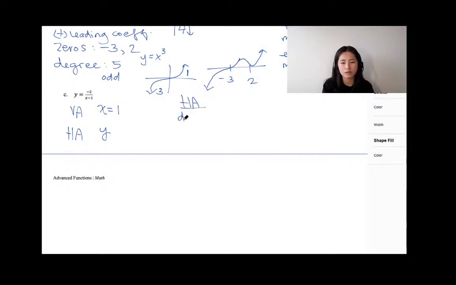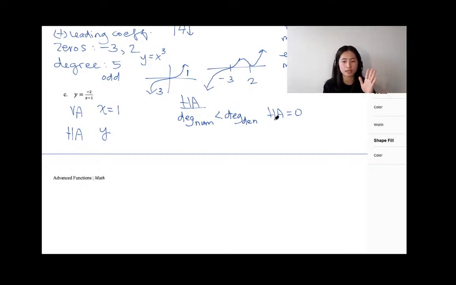If the degree of your numerator (DEG means degree) is less than the degree of your denominator (DEN is denominator), that means your horizontal asymptote is 0. Does that make sense? So in this case, your horizontal asymptote would be 0, right?